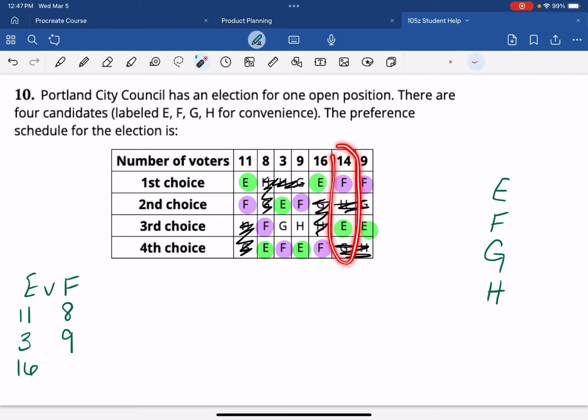For the next one, we have 14 for F, and then 9 voters prefer F in that last column.